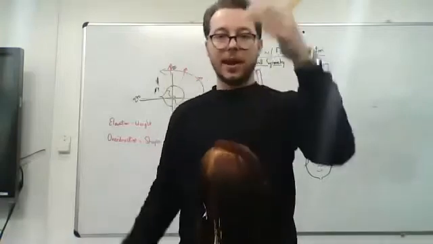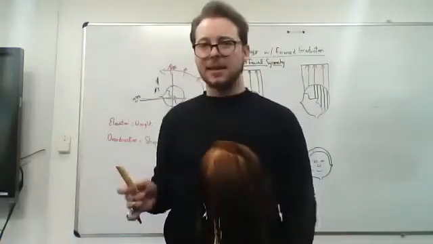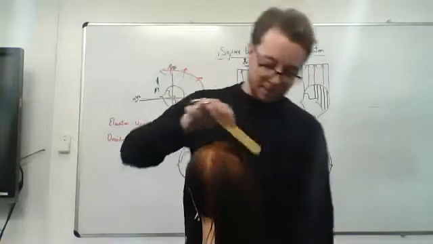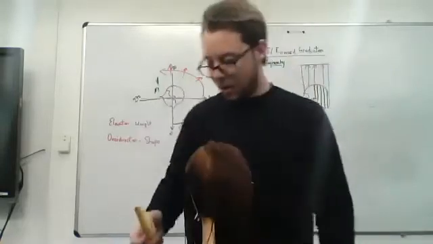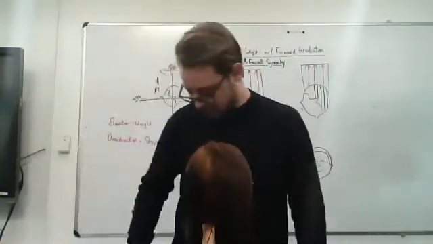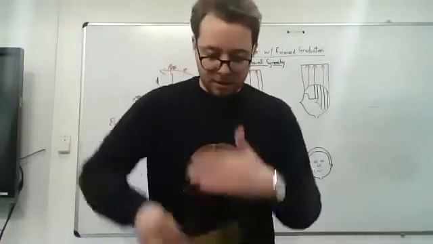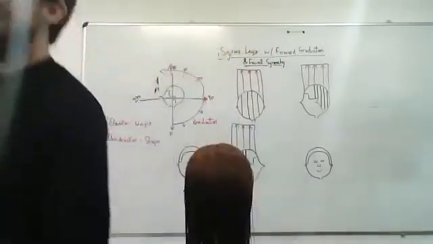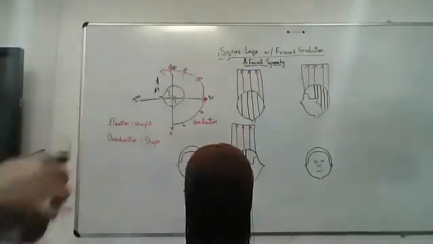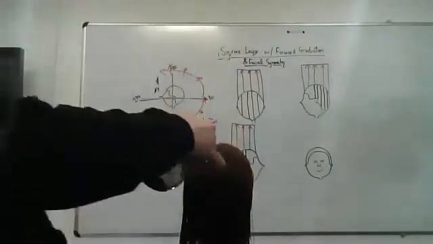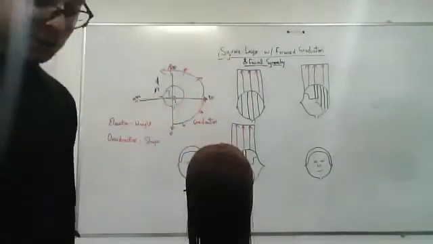Good. Makes sense? If it doesn't make sense, please do let me know, or come over and let me know and we can correct it. Does it make sense? Good.